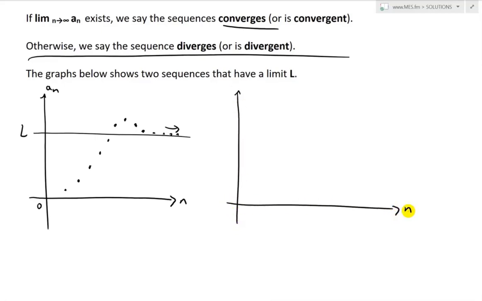Another form is like this. It's still going to be the limit of a_n, with the same L. Let's try it even further.